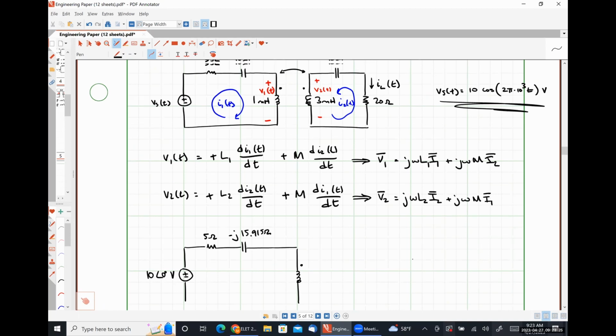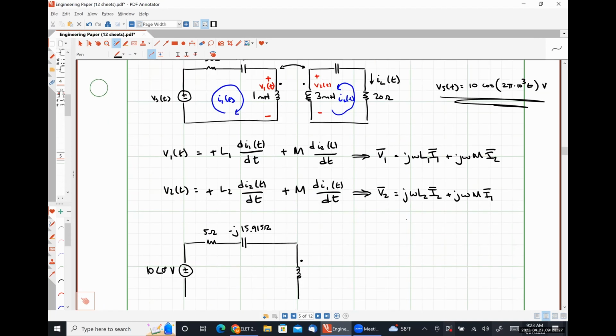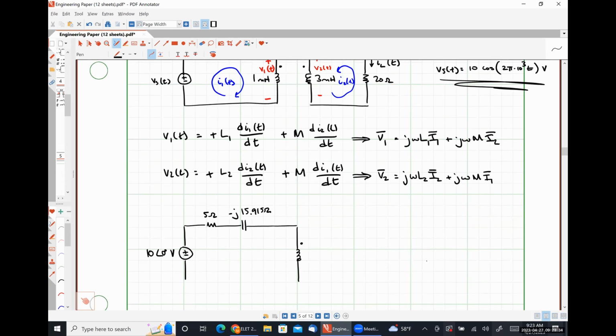And then L was 1 millihenry, so 1 times 10 to the minus 3. So that looks like j2 pi ohms. I'm going to leave it like that just for the sake of argument.